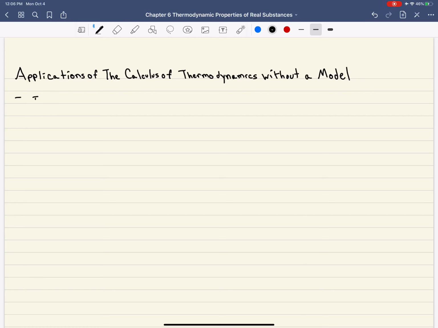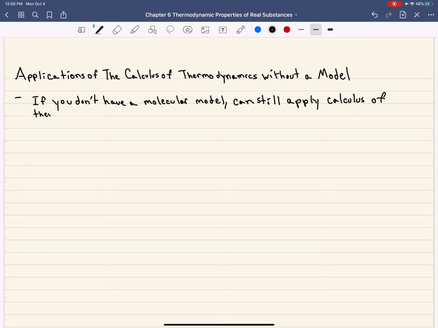So if you don't have a molecular model, you can still apply calculus of thermodynamics to gain insight.